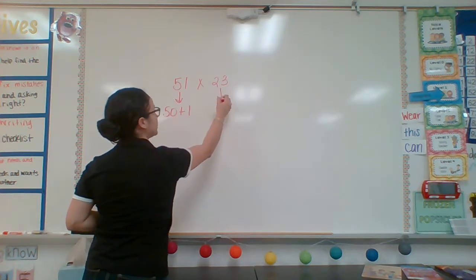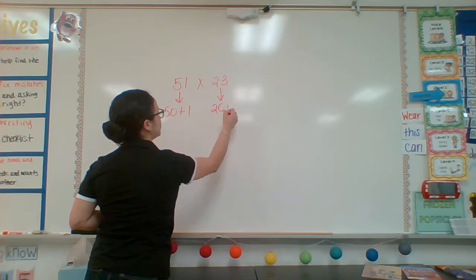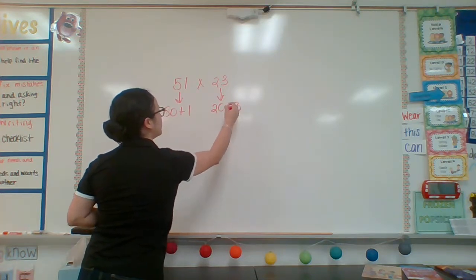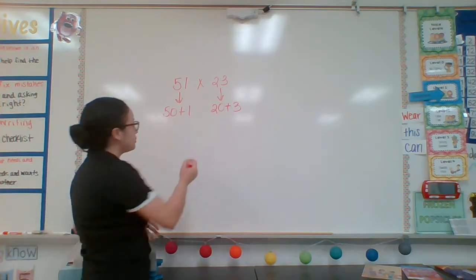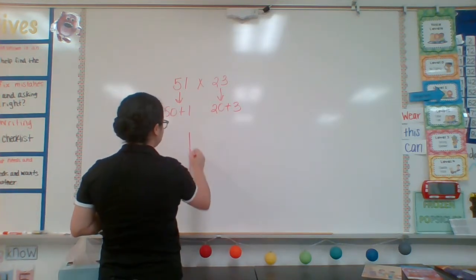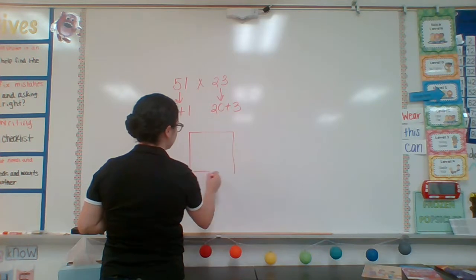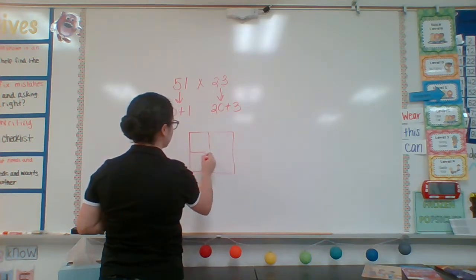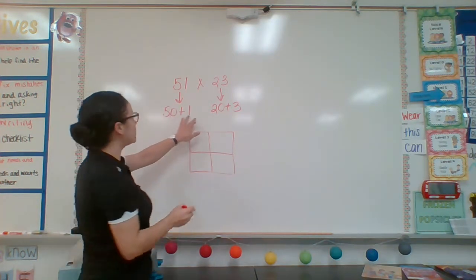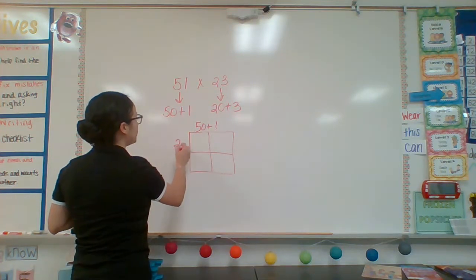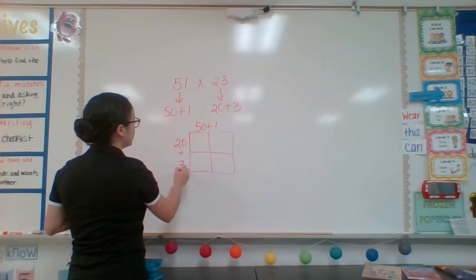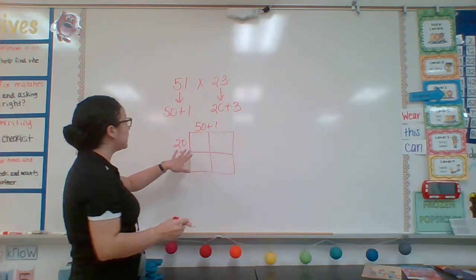And you also write this number in expanded form, which is 20 plus 3. And then you make a 2 by 2 square. And you write one equation on the top part and the other equation on the side. And then you just multiply them like that.